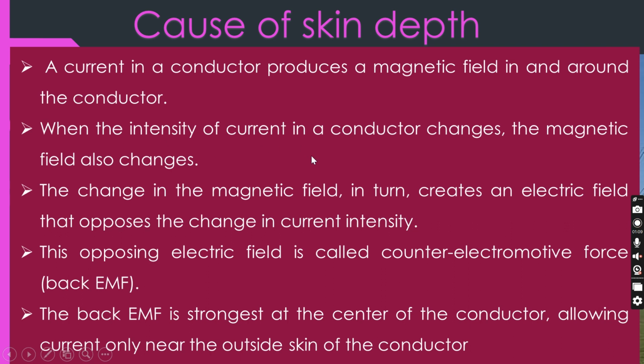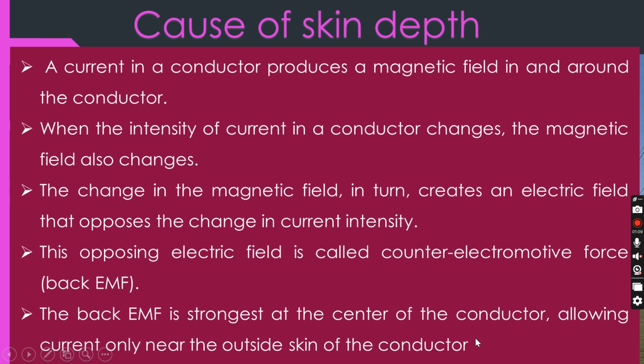As the intensity of current in the conductor changes, the magnetic field also changes, and the change in magnetic field in turn creates an electric field that opposes the changes in current intensity. This opposing electric field is called counter electromotive force or back EMF, and the back EMF is strongest at the center of the conductor, allowing current only near the outside, the skin of the conductor.